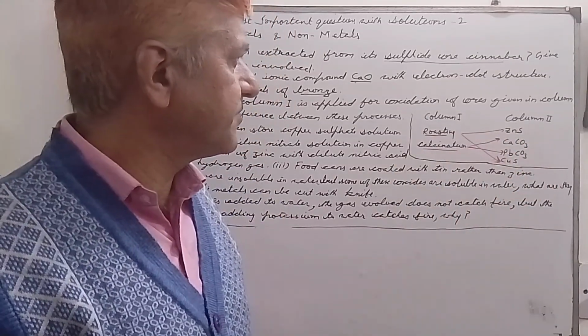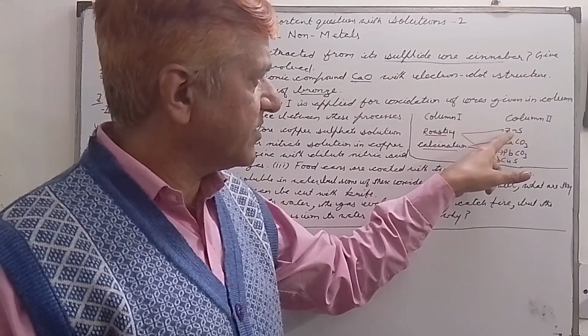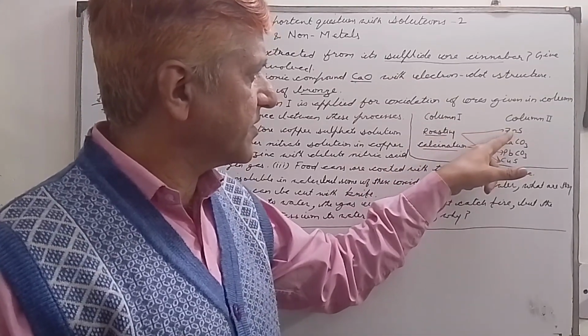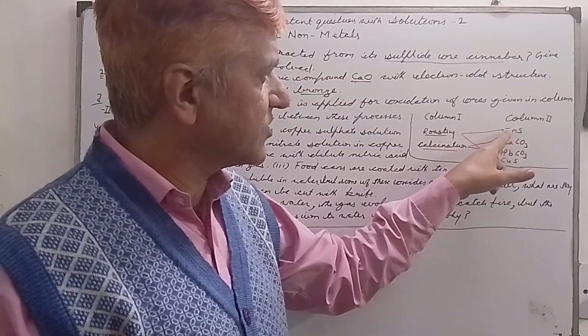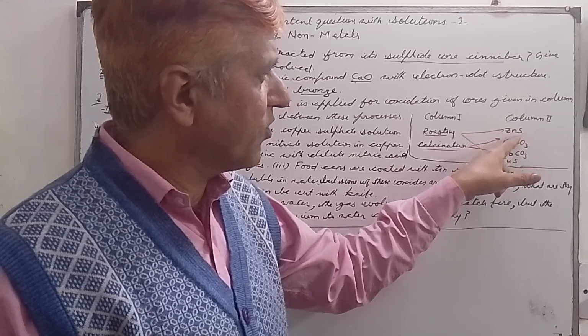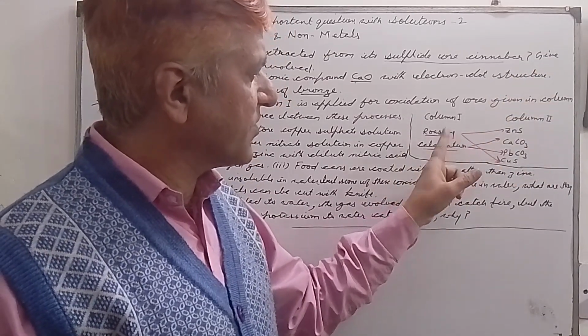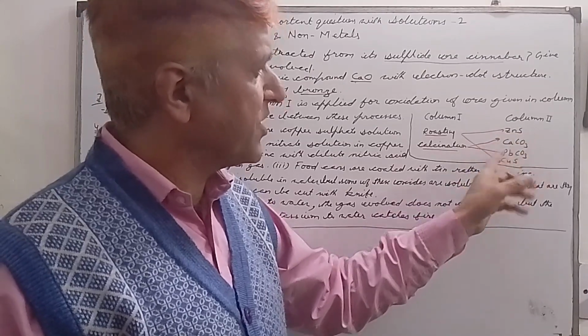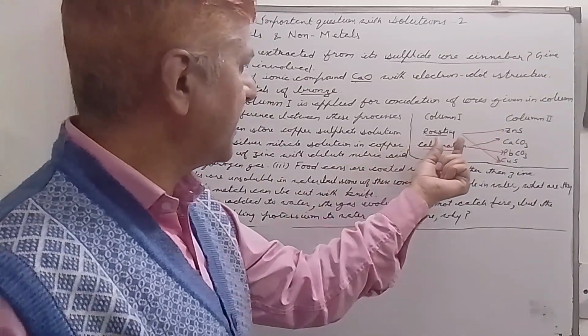Third point, roasting is done to convert sulfide ores into oxides, and calcination is done to convert carbonate ore into oxides. So this is how we can answer this question.